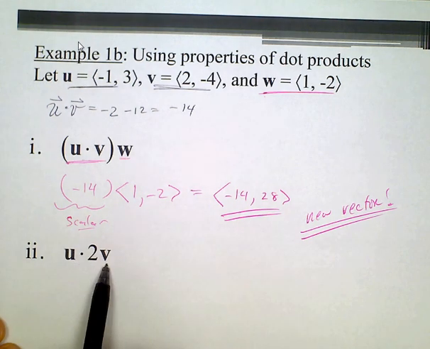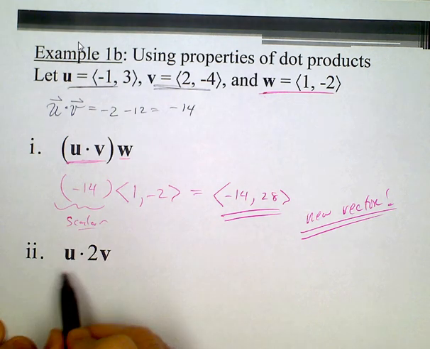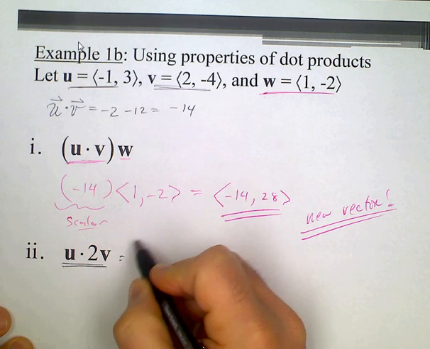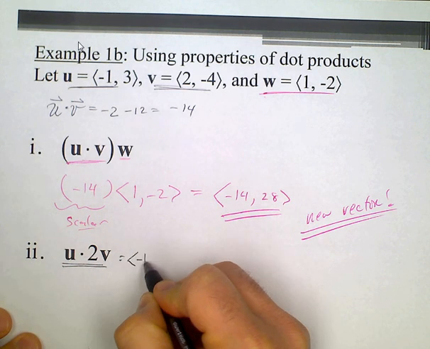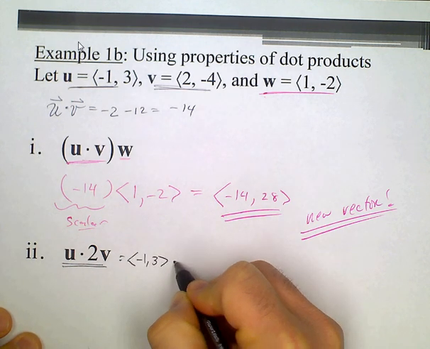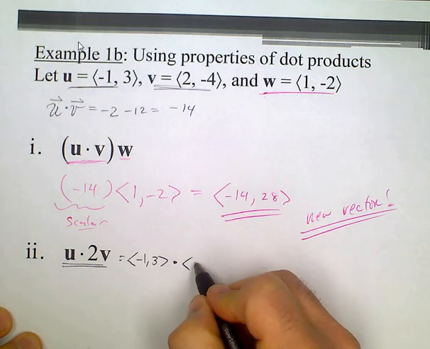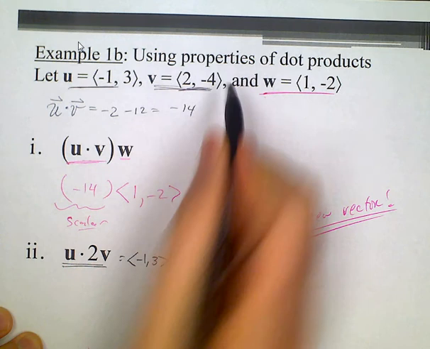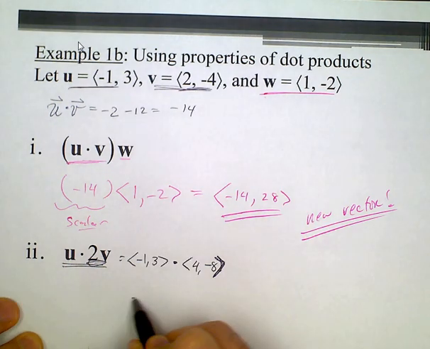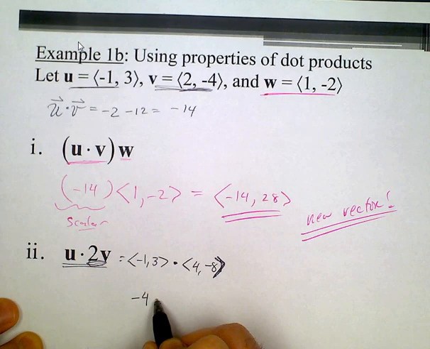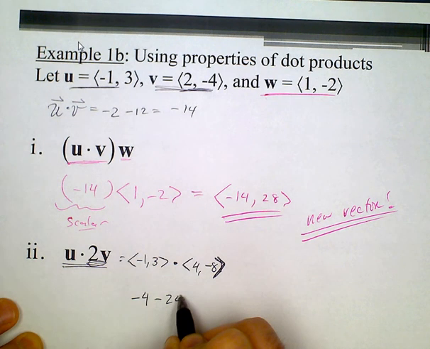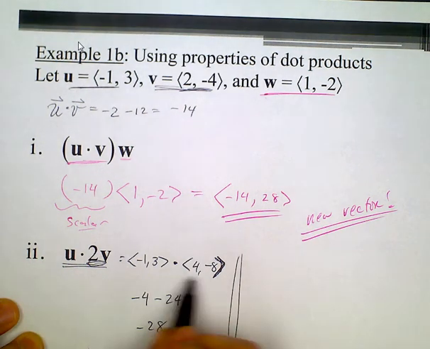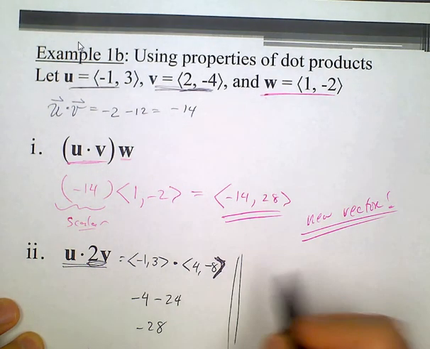One of the vectors is scaled, which, by the way, you could do this way: take the dot product of u dot 2v, which is 4, negative 8, just taking this and scaling it. Now you take this dot product of negative 4 minus 24, which gives you negative 28. What's nice about this is it shows one of your properties.